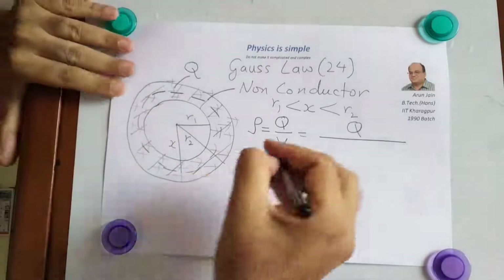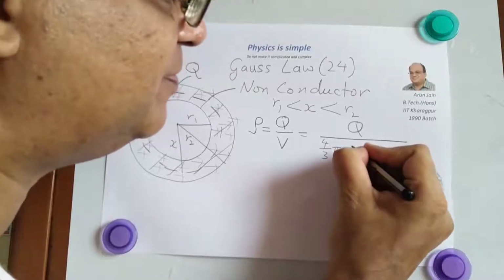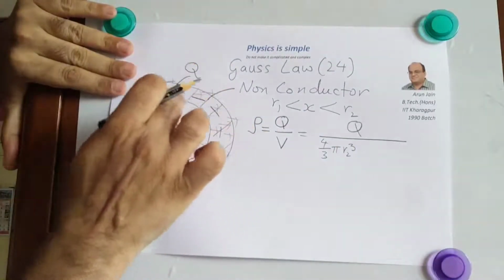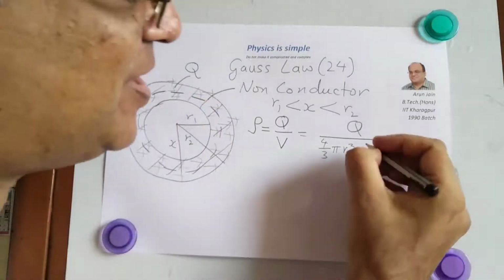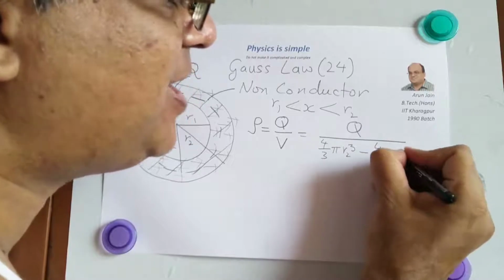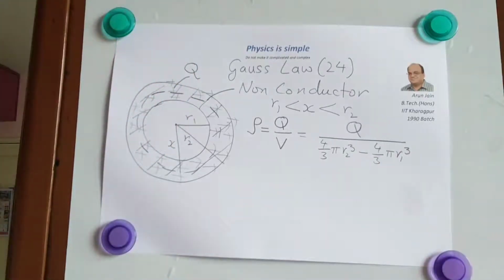Okay, outer volume will be 4 by 3 pi R2 cube, and you have to subtract the inner volume. Okay, volume of radius R1, spherical volume. So 4 by 3 pi R1 cube. So this will give us the charge per unit volume in this material.